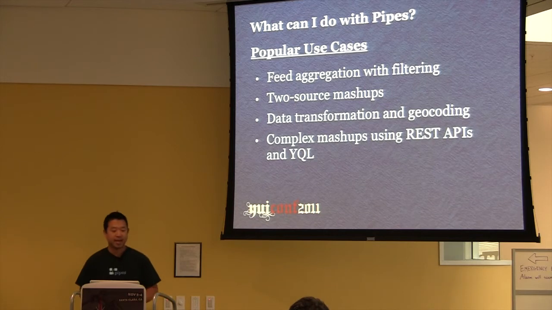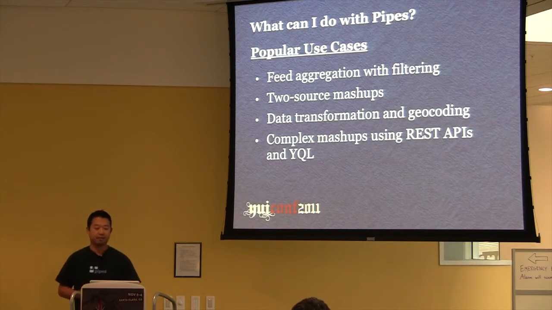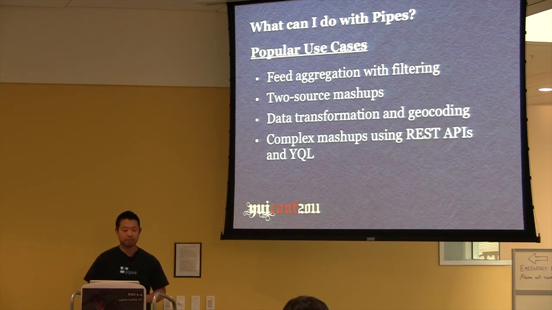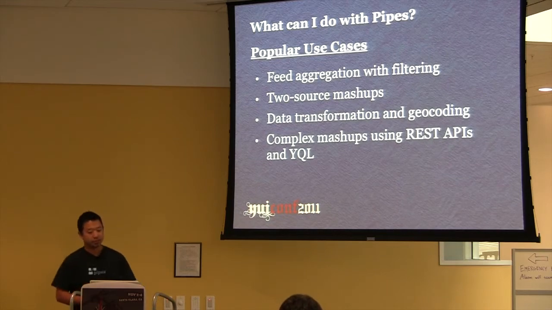An example of that is, let's say you want to create a custom search pipe. You can enter, let's say, a city, and this pipe will go out and fetch the weather for a particular city, Twitter feeds, news APIs, what have you. So these are the 4 popular use cases for Pipes right now.